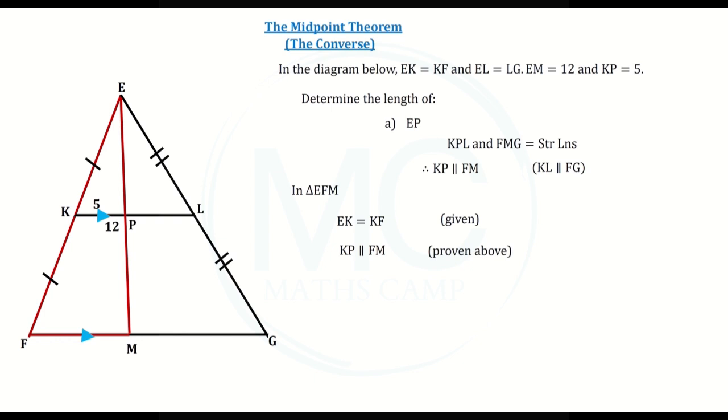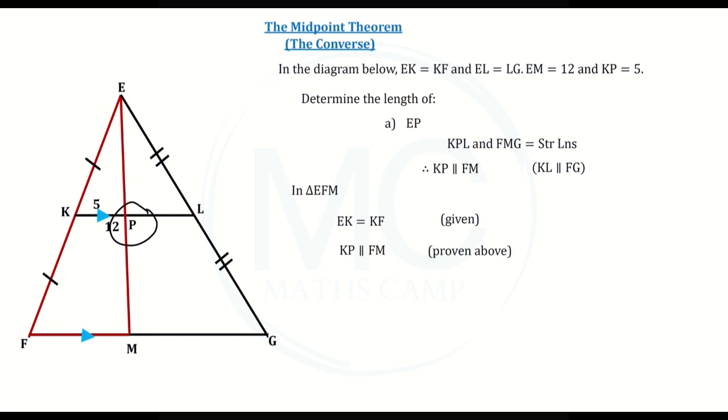Now, according to the Converse midpoint theorem, the line drawn to the midpoint of one side of a triangle parallel to another bisects the third. We know that K is the midpoint of EF, and we know that KP is parallel to FM, which means that P must be the midpoint of EM.